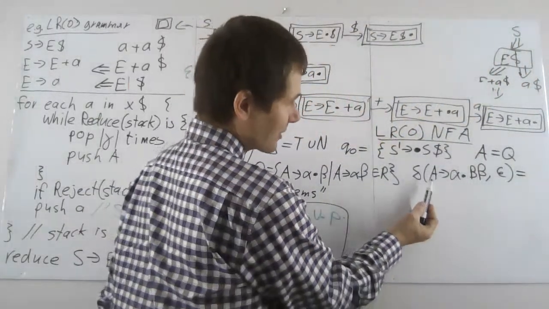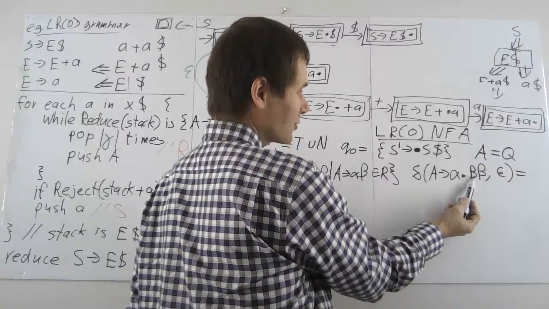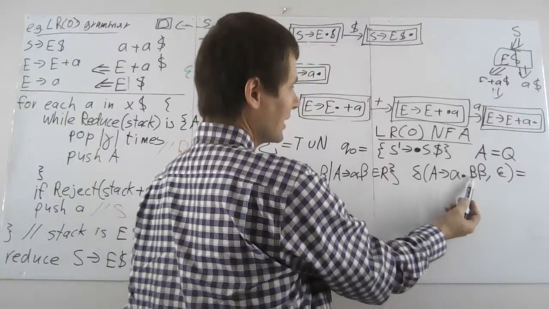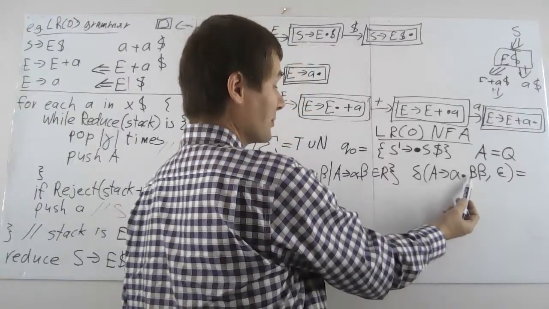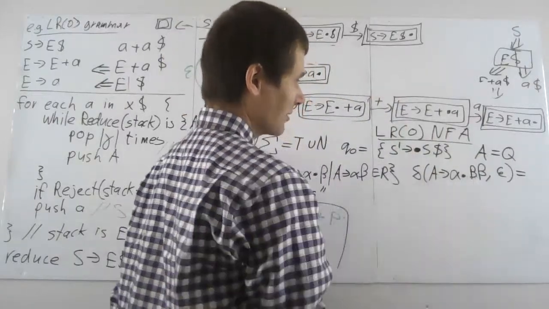So if I'm ever at a place where the dot is before a B, and B is a non-terminal, then I know that from here I'm going to have an edge out on that B non-terminal.